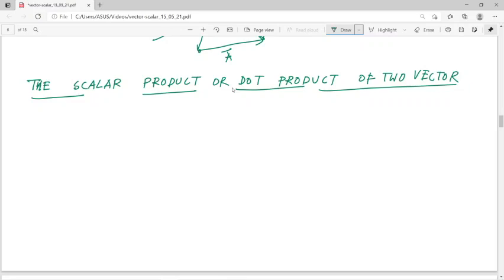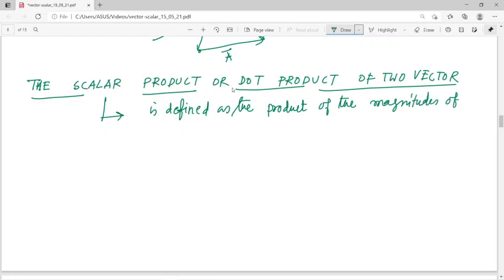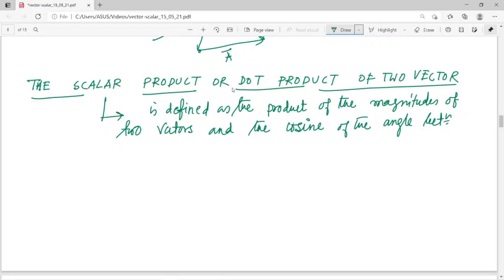The scalar product or dot product of two vectors is defined as the product of the magnitudes of the two vectors and the cosine of the angle between them.